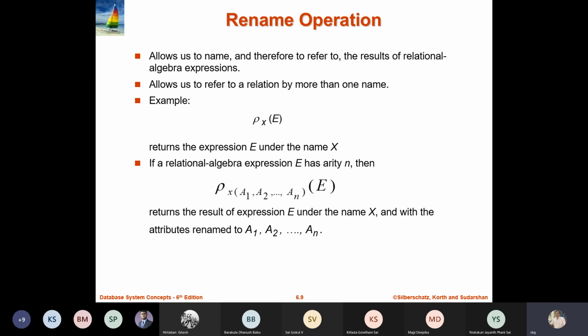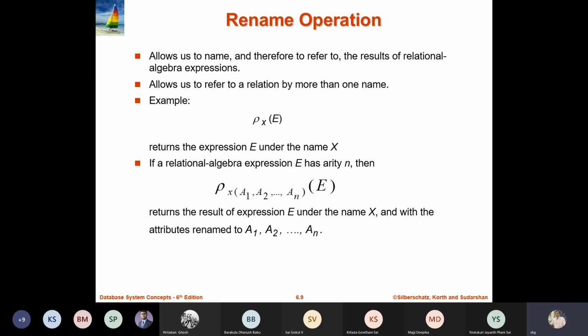If the instructor relation has the salary column, I need to make a Cartesian product of instructor cross instructor. In that case, we rename it with this rename operator.